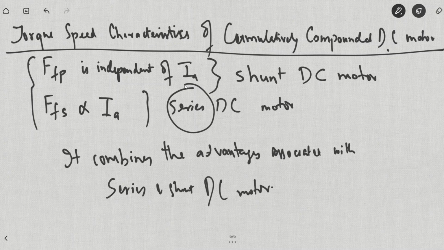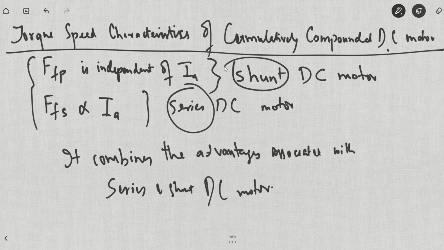The compounded DC motor has a higher starting torque than a shunt DC motor, but because of the independent nature of field that is also associated in the compounded DC motor, the flux is not entirely proportional to armature current.